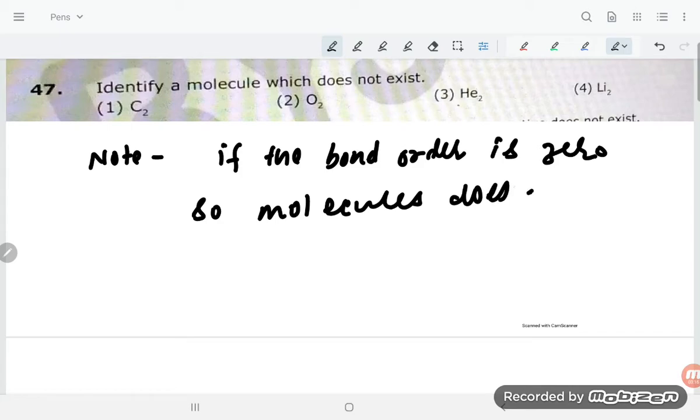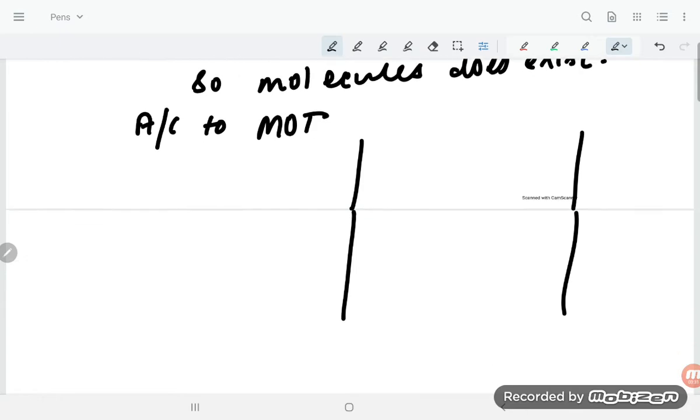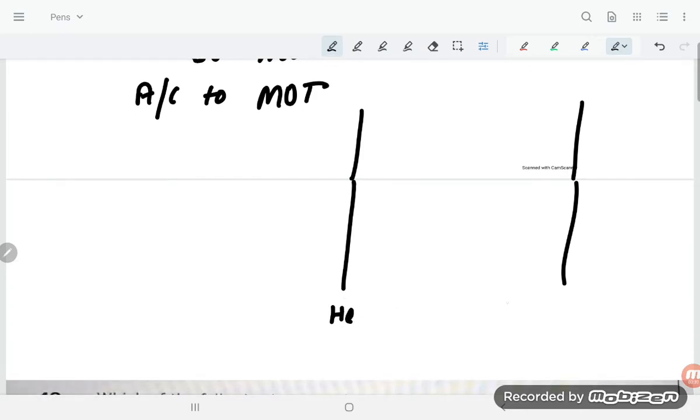Which one is it? We go according to MOT. If you make the molecular orbital energy level diagram for helium, this is helium and again helium. Here will be one orbital, another orbital, in the center.